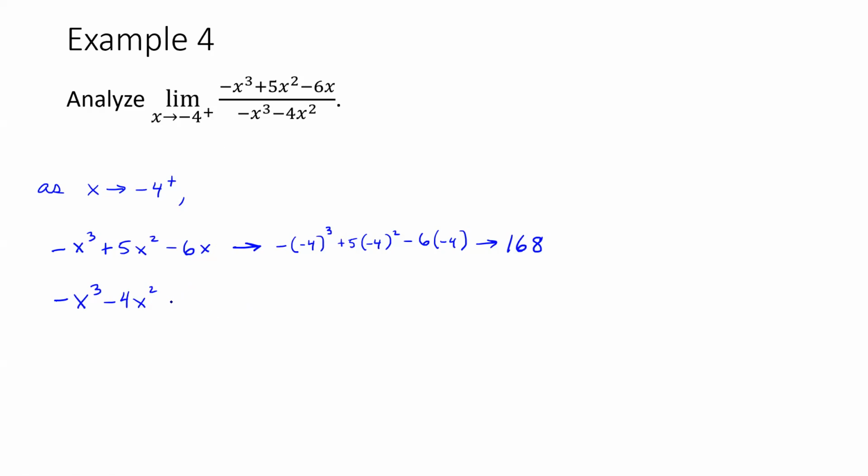So what I'll do is factor out the negative x squared, and then I have x minus 4 left over, right?